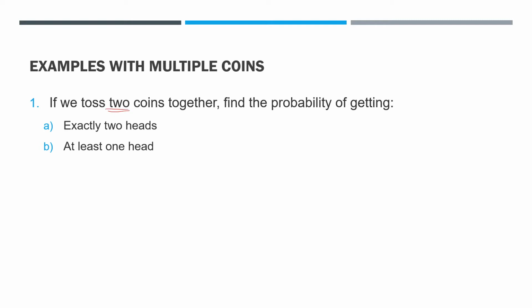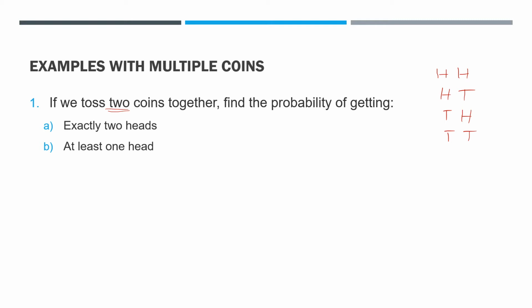The first thing we need to ask ourselves is, what are the possible outcomes? We can get heads, heads, because it's two coins. This is coin number one, this is coin number two. Or we can get heads, tails, or tails and heads, tails on the first coin and heads on the second coin, or we can get tails on both coins. Did we cover all possible outcomes here? Yes. So there are four possible outcomes.